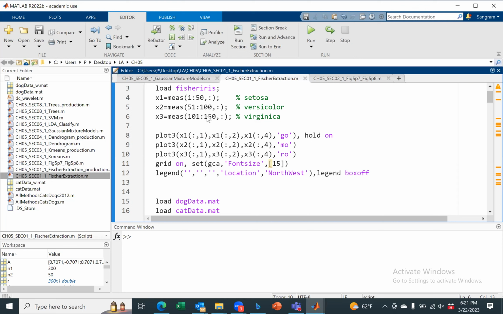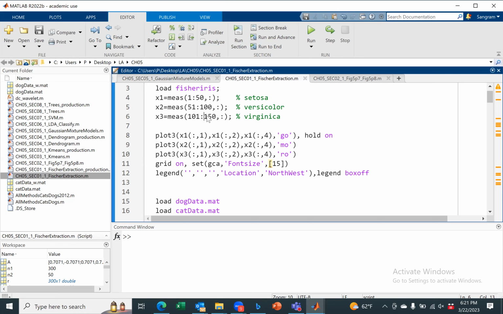And each flower, so these 3 different types of flowers, comprises a different sepal length, sepal width, petal length, and petal width. So basically what we want to do is look at these 4 distinct characteristics: sepal length, sepal width, petal length, and petal width.